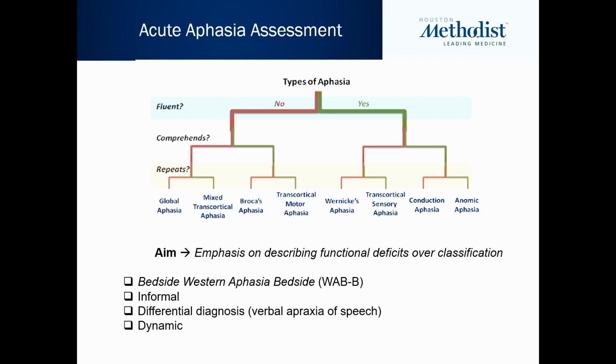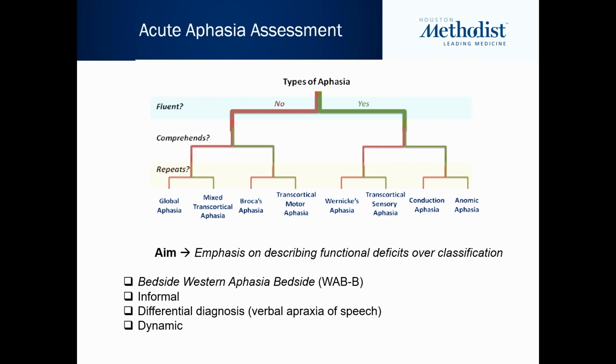The biggest point that I like to emphasize in aphasia assessment is differential diagnosis. It's not enough to have a patient who is having visible difficulty with verbal expression and say that patient has expressive aphasia. Is it really a language-based deficit, or does this patient potentially have overlying motor speech deficits, motor planning problems such as verbal apraxia of speech?